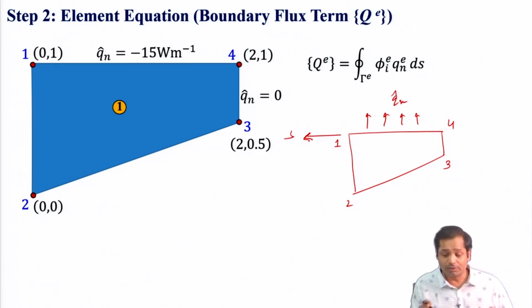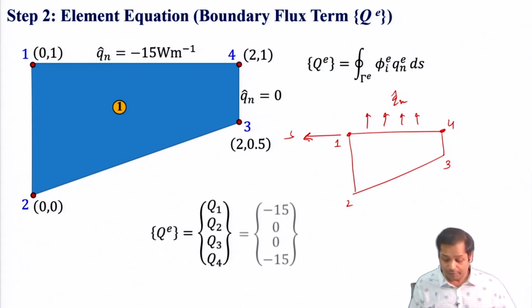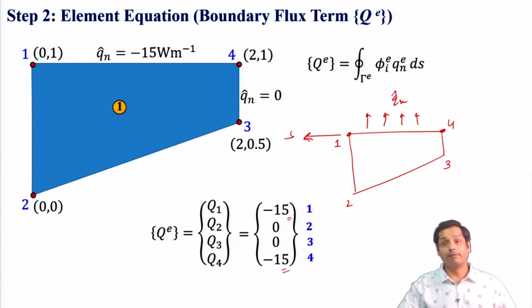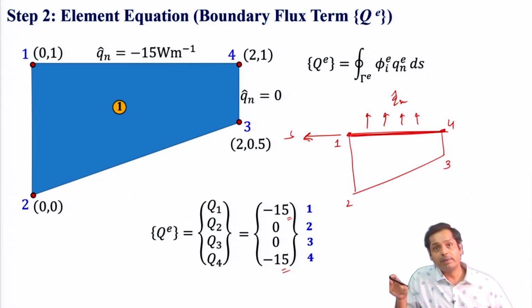Since it is constant, it will be equally distributed at node number 1 and node number 4. So our expression will be minus 15 at node number 1 and minus 15 at node number 4. This integration essentially needs to be done over this line, right? So we have all the terms at the element level: the coefficient matrix, the boundary flux term and the source term.